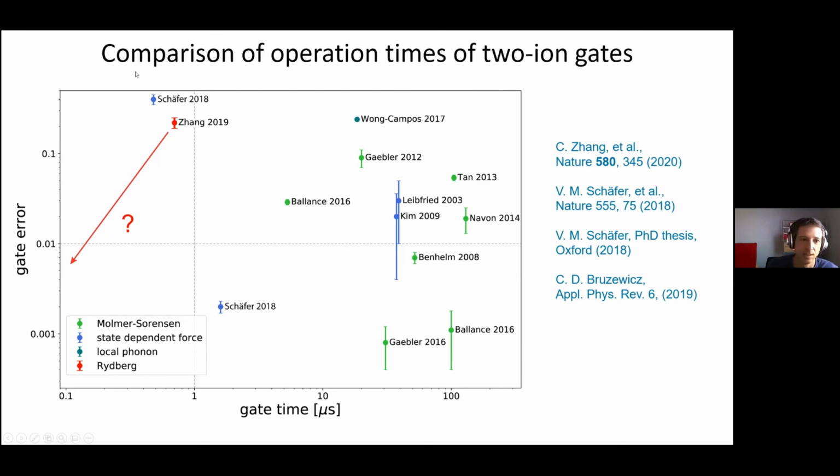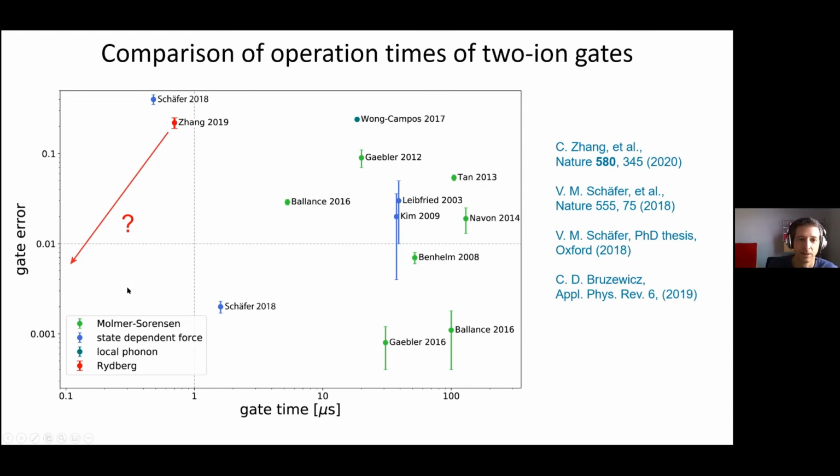But you also see gates by the Oxford group from 2018, where they show close to a microsecond operation. All of these gates are laser-based gates via the motion, while the red point here is our Rydberg interaction gate.